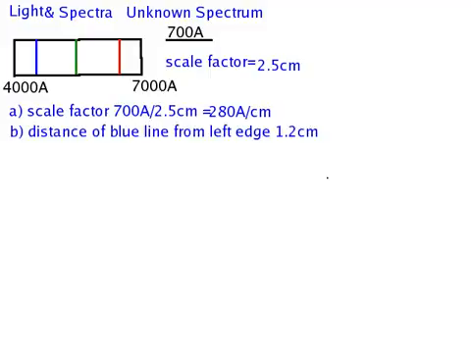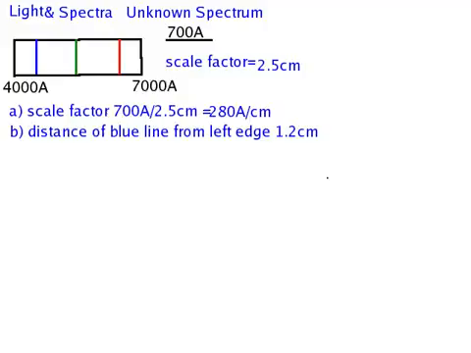Okay, so then step C would be to convert the centimeters of the distance of the blue line from the left edge to angstroms. So we need to multiply that by the conversion factor, and then we'll change the centimeters into angstroms.